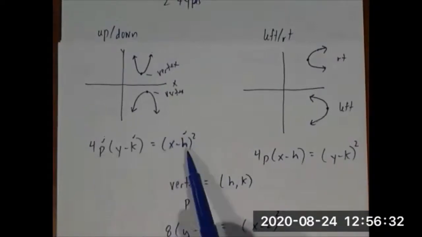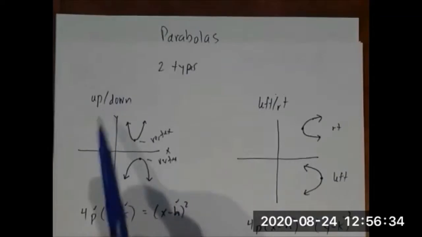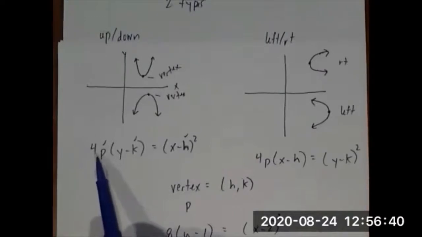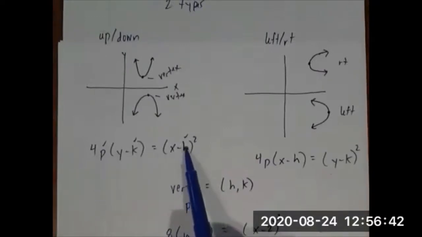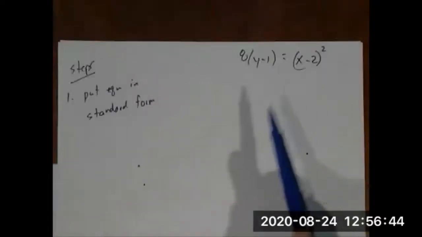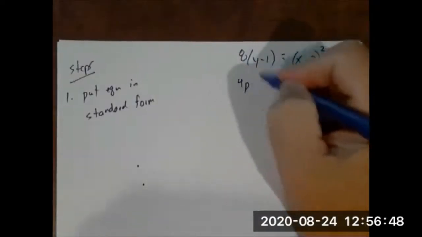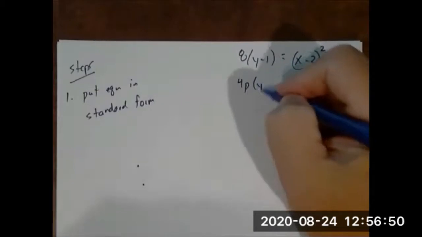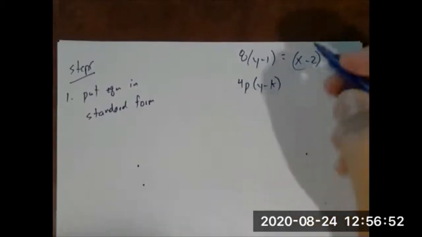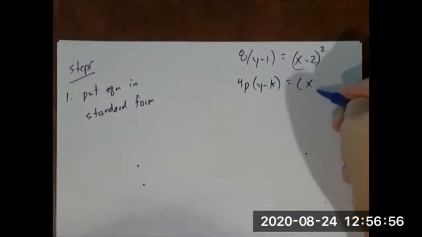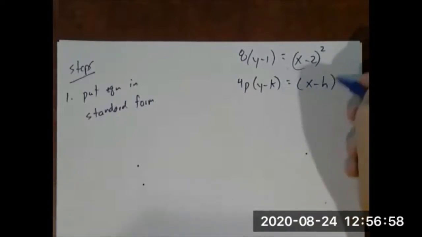And it's this one here, which in a few minutes, I'm going to determine is an up or down parabola. Let's copy down the standard equation over here so we can compare it to the equation we're given. So the standard equation needs to look like this, where the x parenthesis is the squared one.